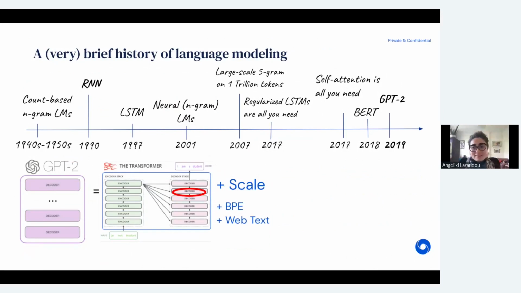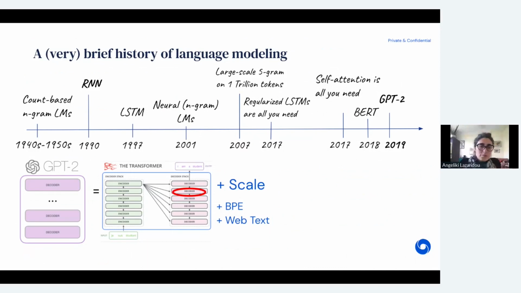The next achievement was GPT-2. Unlike BERT, which is the encoder that creates representations, GPT-2 is a decoder. So given words, it predicts the next word, and you can use it to decode from the model.